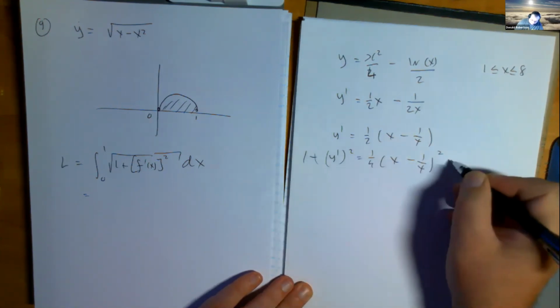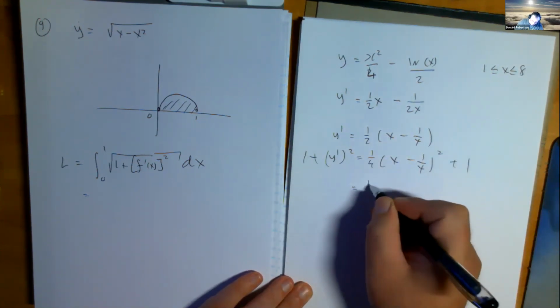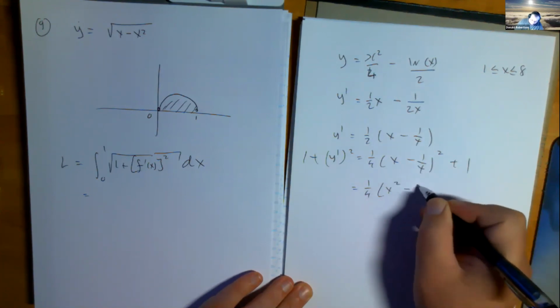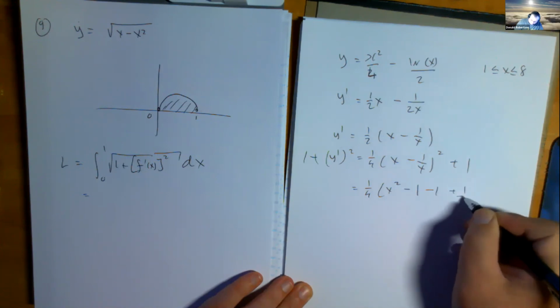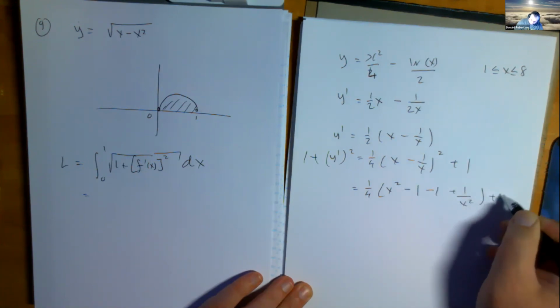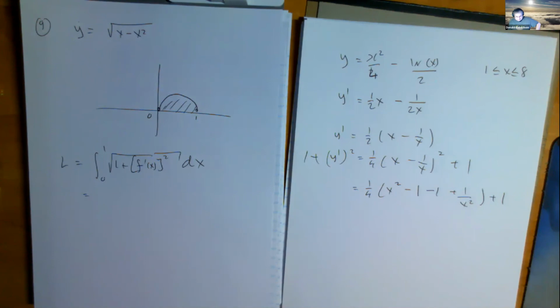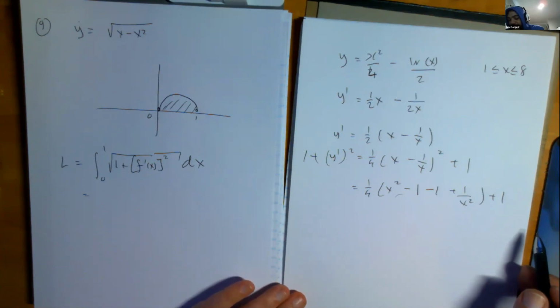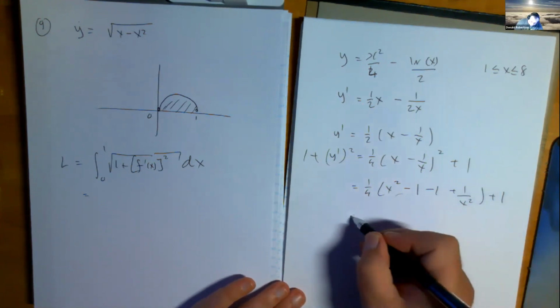And if you add 1 to it, you get x squared minus 1 plus 1 over x squared, add 1. Did you get that? Okay, keep going then.